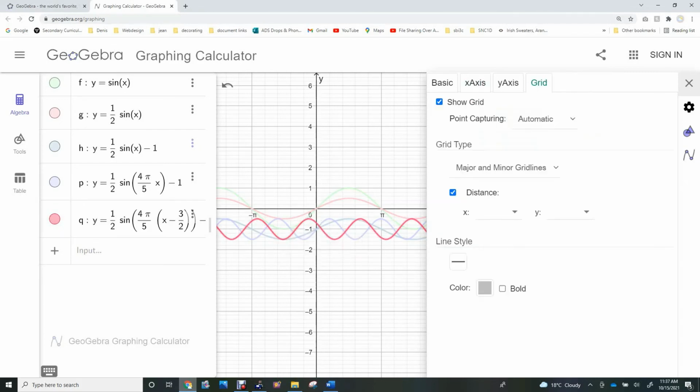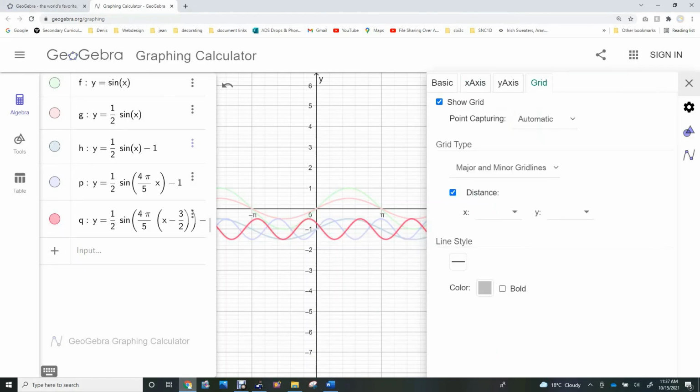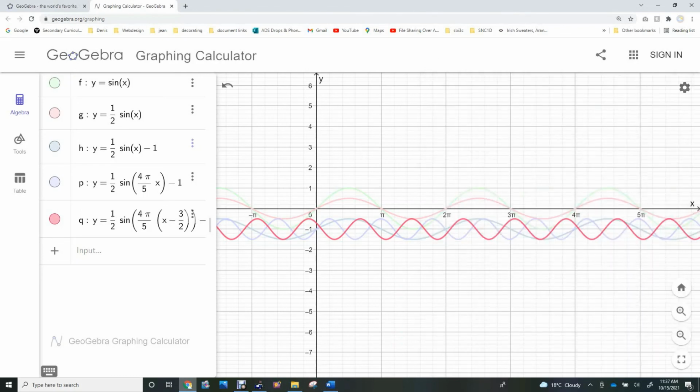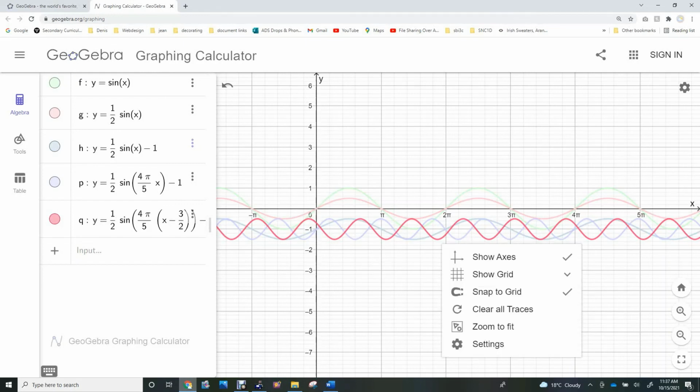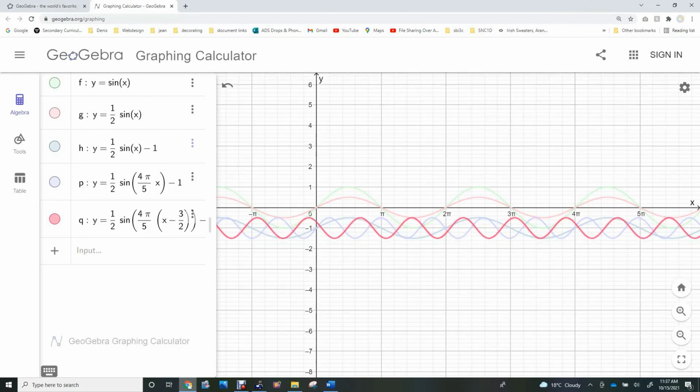Okay, and now the pattern starts there. So by putting these steps in sequence, you can see what happens during each step. Okay, so our starting point was here, but now it shifted over to here.